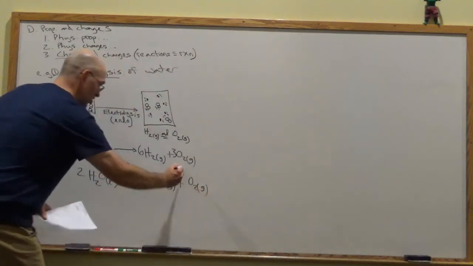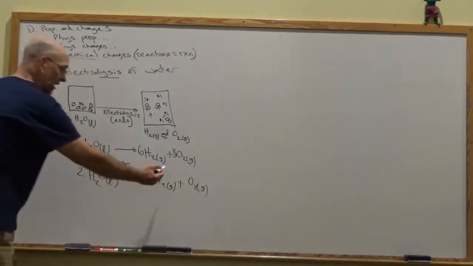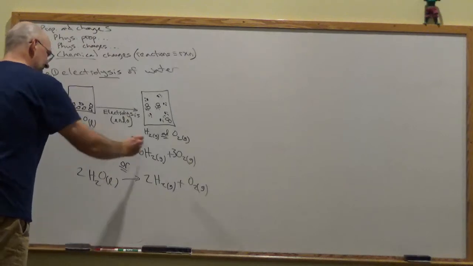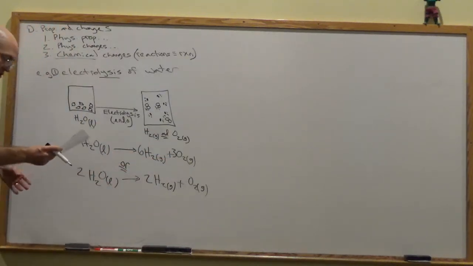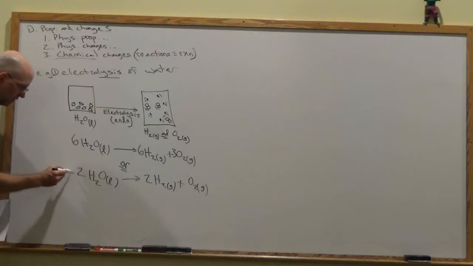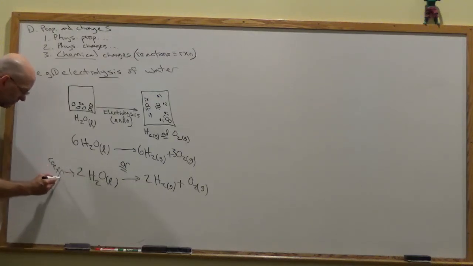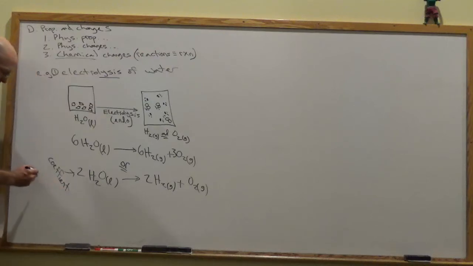And the 1 is understood. You can write the 1 if you like. So it's a 6 to 6 to 3, which reduces to a 2 to 2 to 1 ratio. I think I sneak in some vocabulary here. Yes. So that is a coefficient.